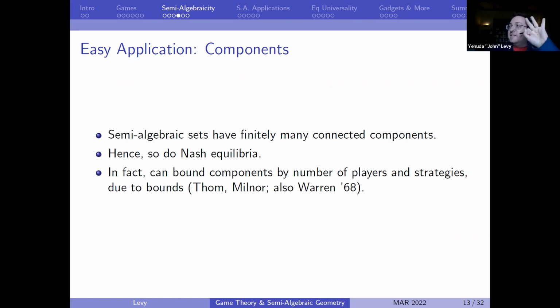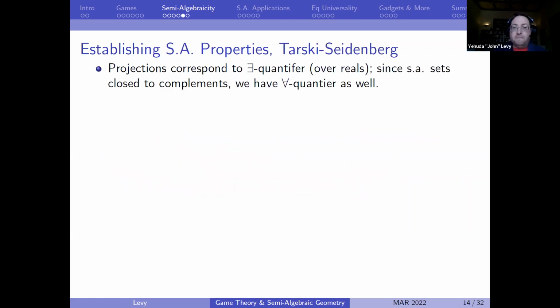From those three bits of information, you can say how many components they have, and therefore, if you know how many players and strategies there are, you can use those bounds to give an explicit bound on the number of components of Nash equilibria. So that's one first easy application. Again, it relies on heavy tools from semi-algebraic geometry, but if you know those, then you can do things pretty easily here.